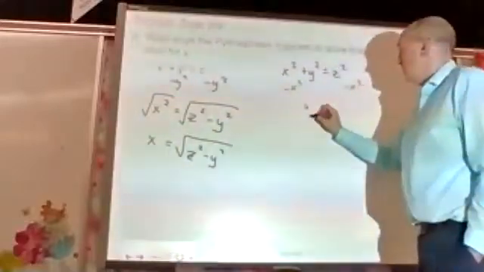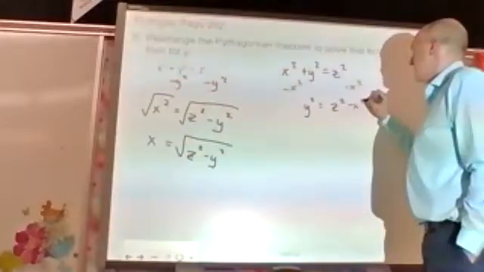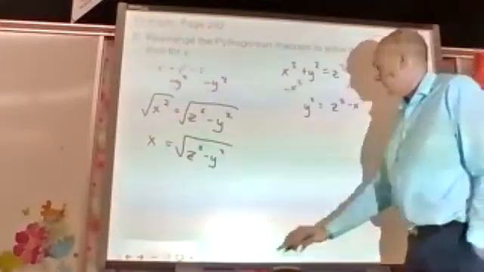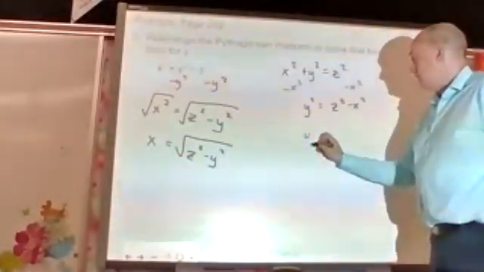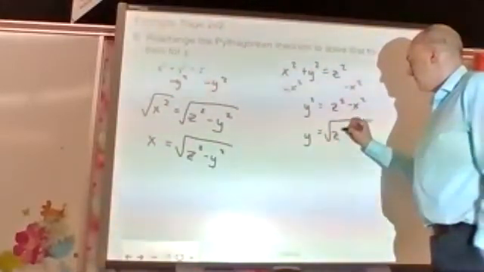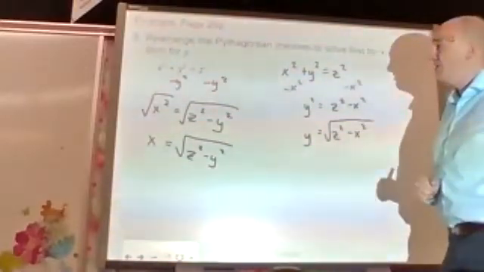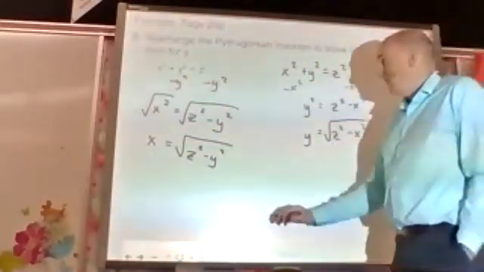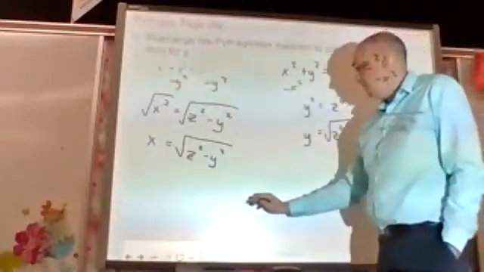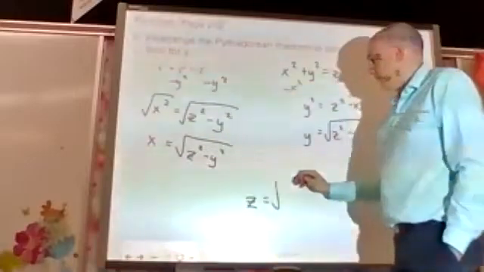Now we get y squared equals z squared minus x squared. And y equals the square root of z squared minus x squared. If we just wanted to solve for z, we just have to go straight into taking the square root of both sides.